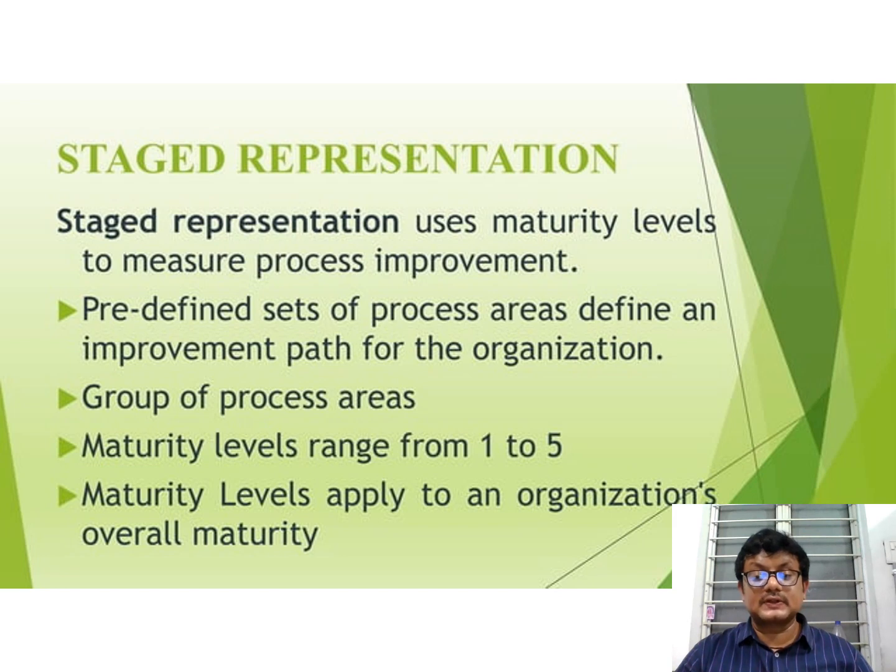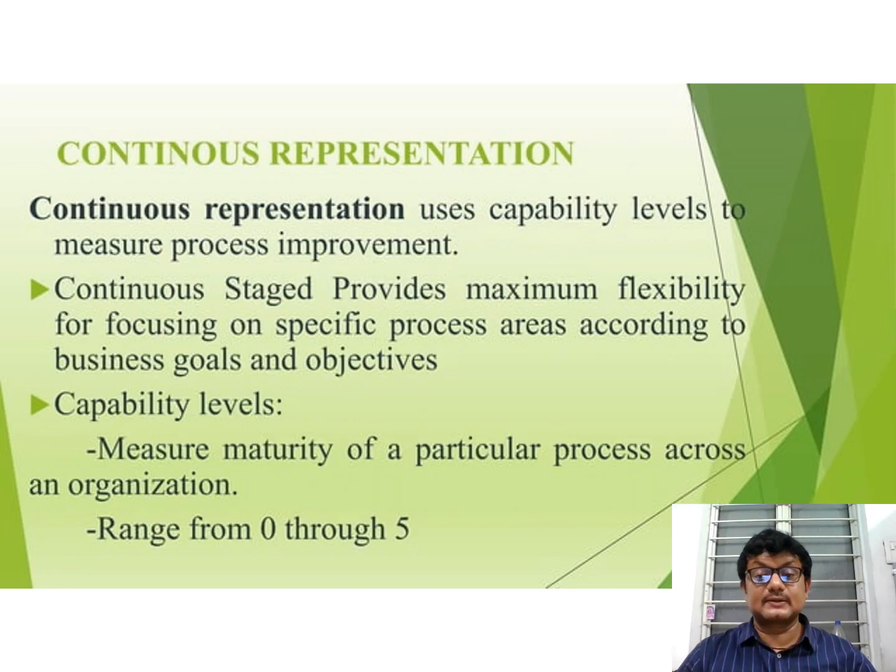Predefined sets of process areas define an improvement path for the organization. Each is a group of process areas, and maturity levels range from 1 to 5. Maturity levels apply to an organization's overall maturity. That means the overall development of an organization can be measured with the help of these maturity levels.